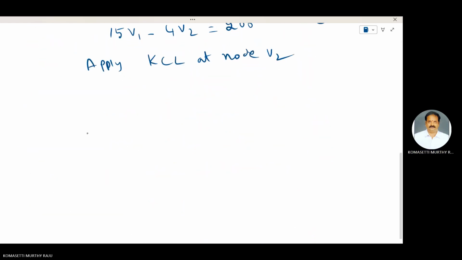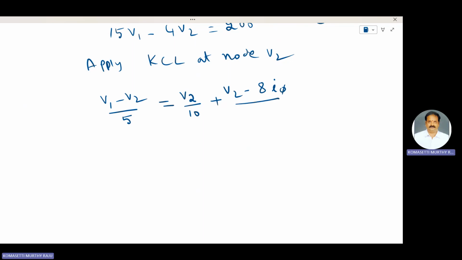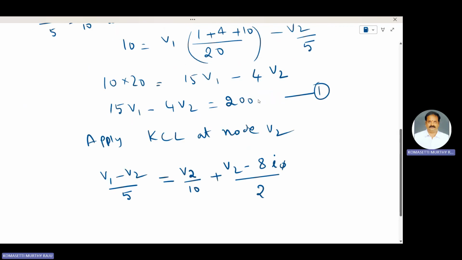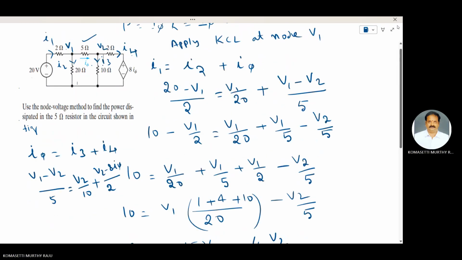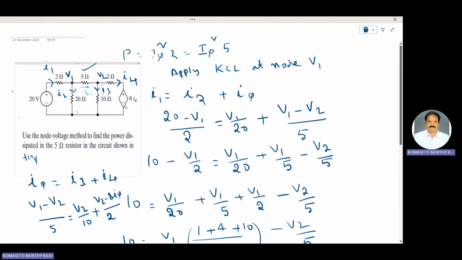So (V1 minus V2) by 5 is equal to V2 by 10 plus (V2 minus 8 I5) by 2. This is the dependent voltage source. The value of the dependent voltage source is 8 I5, but I5 is equal to (V1 minus V2) by 5.